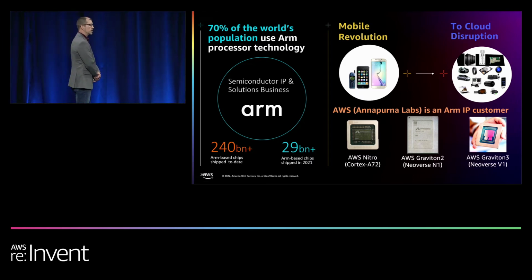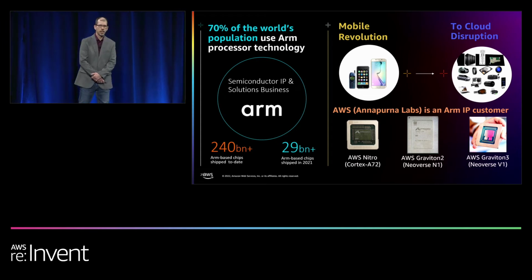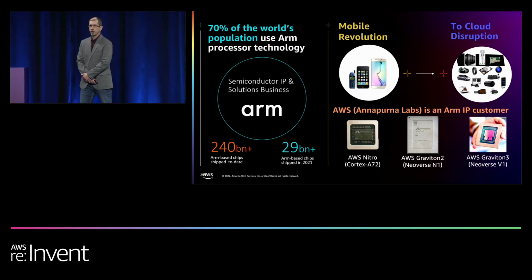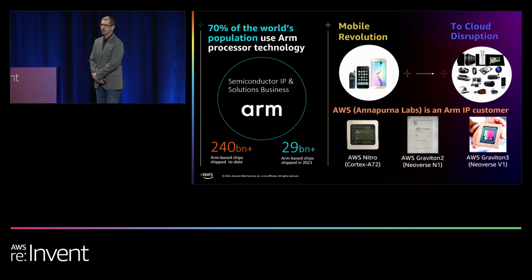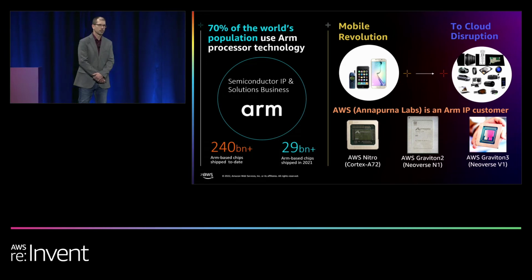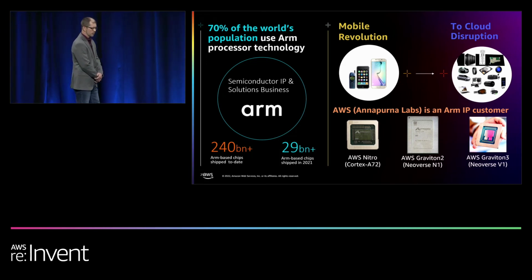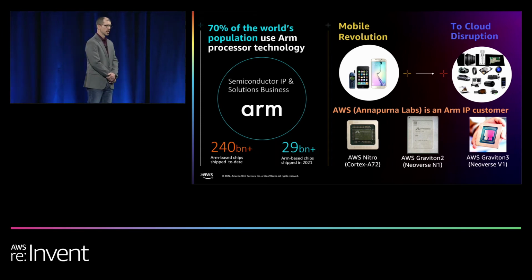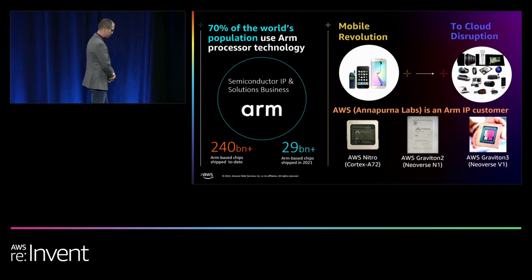One of those partners is AWS. The AWS Nitro chip, which delivers networking, storage, and security services to all of AWS's new instance types, is based on our technology. And if you're familiar with the Graviton family of instances, that is also based on ARM technology.